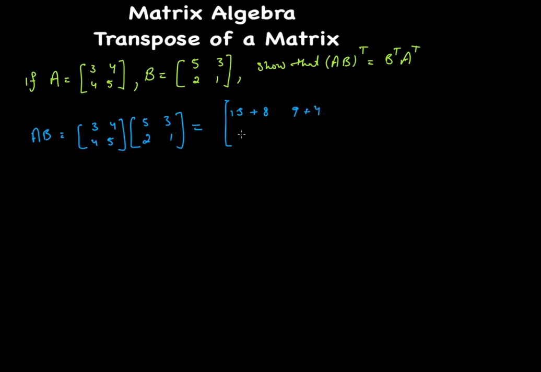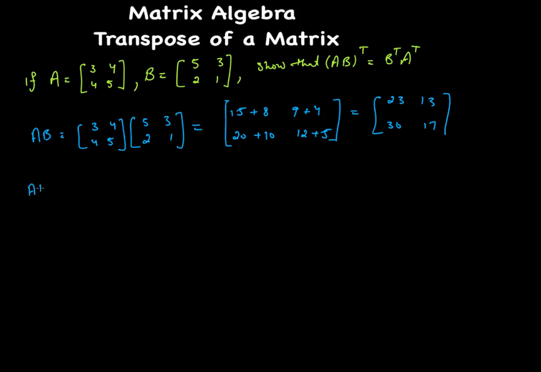Then we got 20 plus 10 and 12 plus 5. That gives me 15 plus 8 is 23, then 13, 30 over here, and 17 over here. So this is AB.